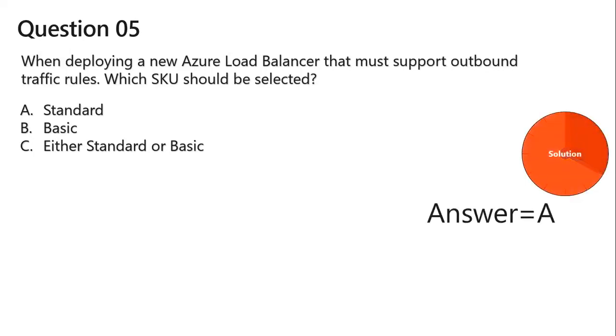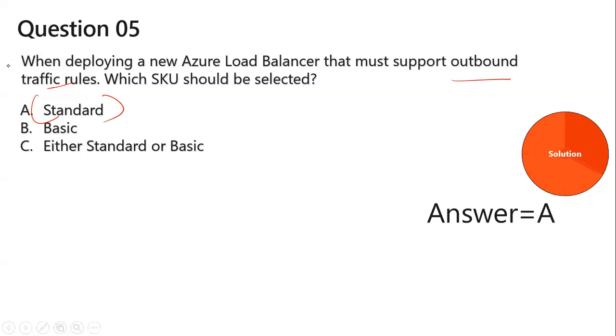For this question, the correct answer is going to be A. I'm receiving B as an answer, but that is not correct, because when we need support for the outbound traffic rule in the load balancer, we must select standard as the SKU. So the correct answer is A, that is standard. That's all right, no problem.